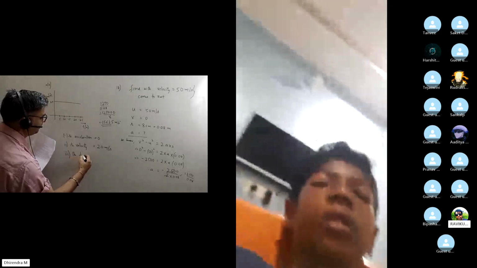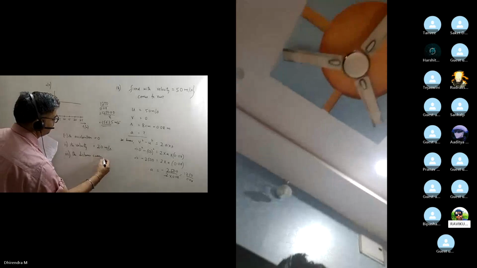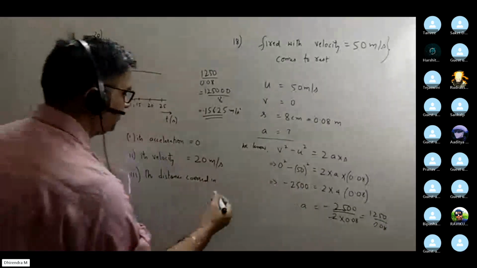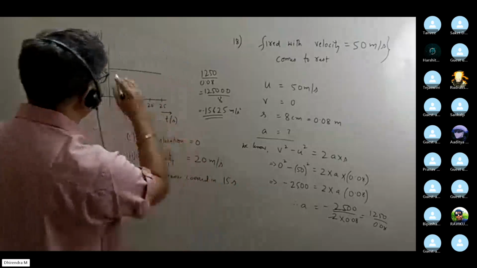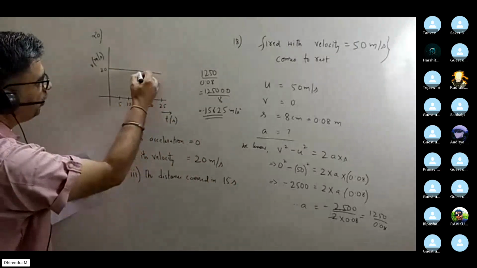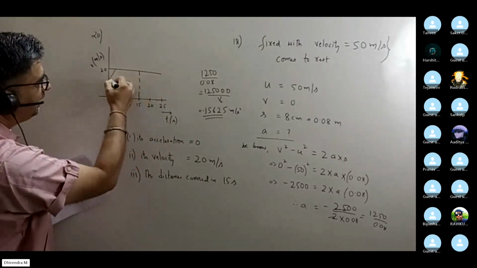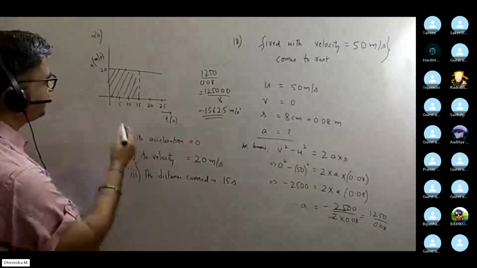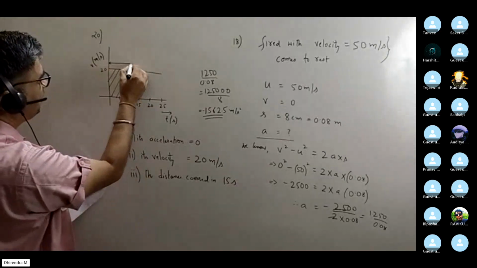And then the third one, the distance. Sir, we should use the area of square formula, I think so. Yes, very good. The distance covered in 15 seconds, right? So in this case, because it's a velocity time graph, draw one perpendicular like this and calculate the area of this shaded area. That's the calculation.